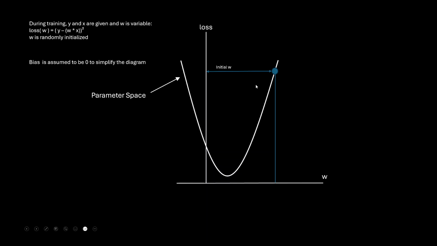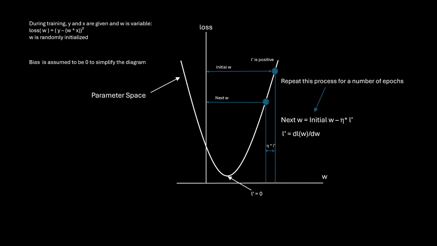So we start somewhere on this parabola by selecting randomly the weight. And then we want to move closer to the minimum value of this loss function. How do we do that? We take steps.